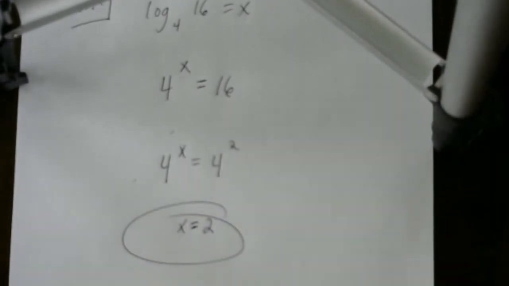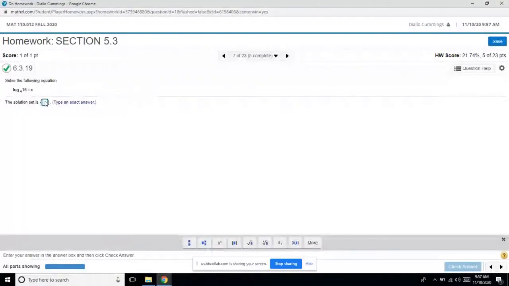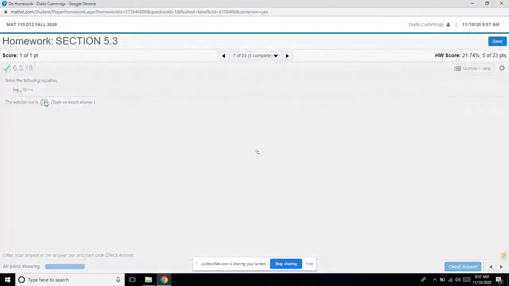So here we solve for x, and we have x is equal to 2. Once we solve for x, we see that we should have 2.